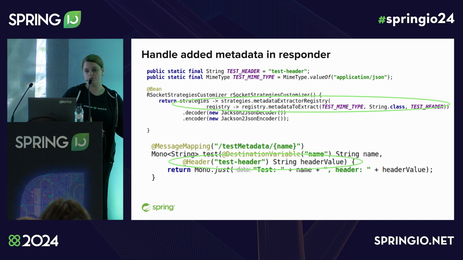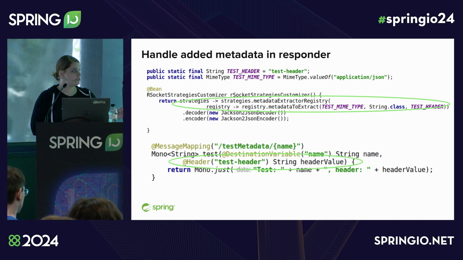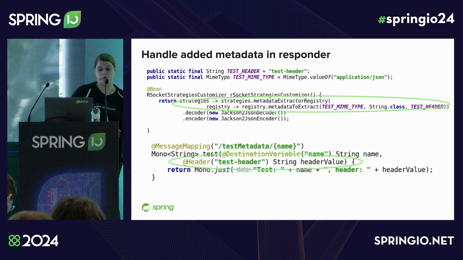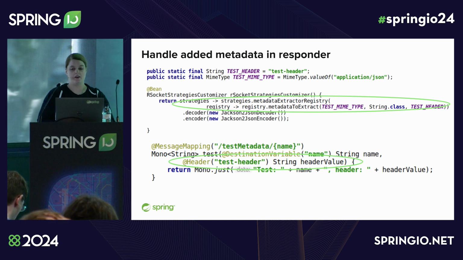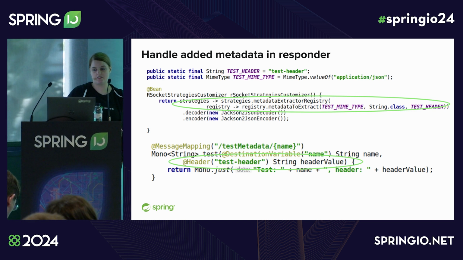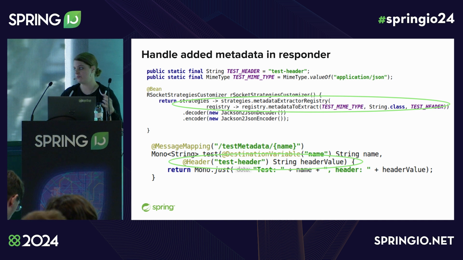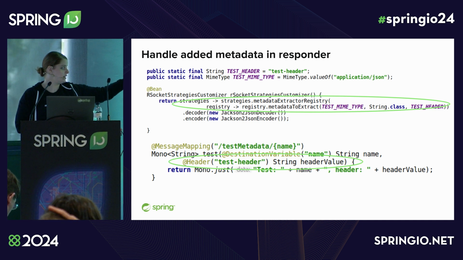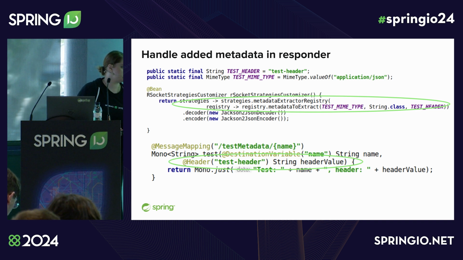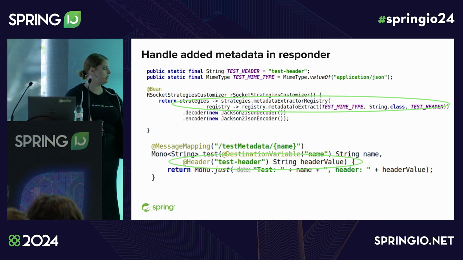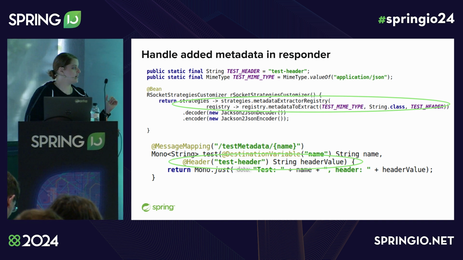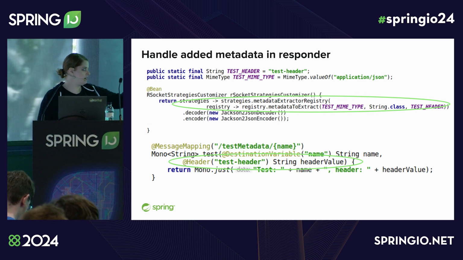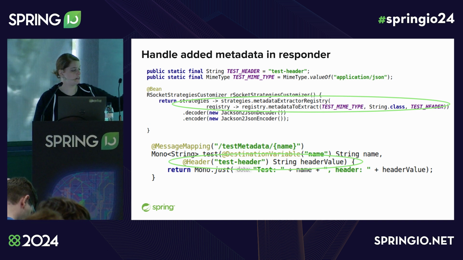And in strategies, you need to set a metadata extractor registry, and there provide the information: what MIME type you are looking for, what class you will be serializing this to, and what the entry name or header name is. I'm saying header because later in the message mapping on the responder side, you will use the header annotation or the headers one to get access to those entries. But yeah, basically, two method calls to get this done.